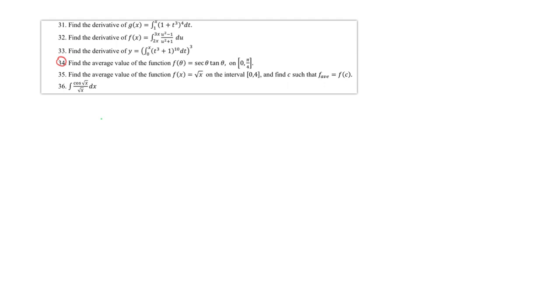The average is going to be 1 over b minus a, all over b over a of f of x dx. So it's actually just as simple as that. If you can remember that, it's like to take the integral, but also make sure that this is out front. Now, b and a have to do with this interval, so b in this case would be pi over 4, and a in this case would be 0.